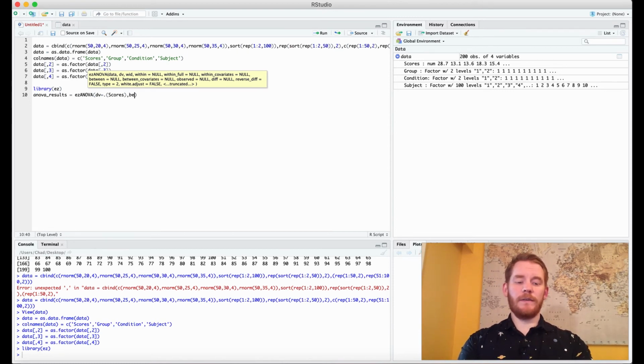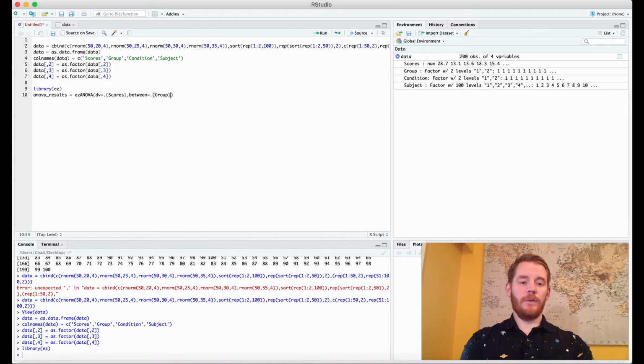And then what we want is between, so this is going to be our group variable, our between subject variable, which is going to be group. And then we want within, which equals our condition. Then we want our WID, which is our subject ID.